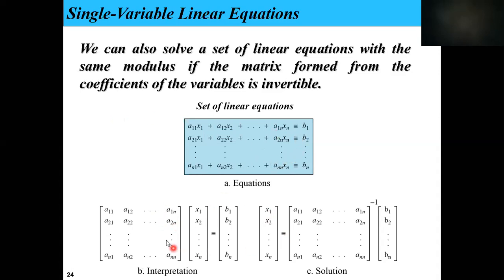This can be written in matrix form, and x is the column vector x1, x2 up to xn, which are elements of Zn. Since it is a tuple, I can say this is an element of Zn to the n.